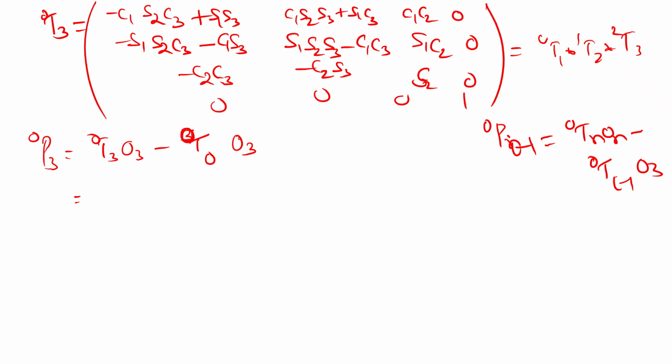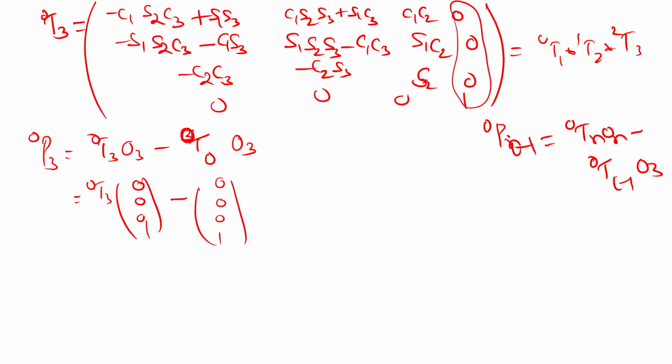And then if you multiply it by O3, which is 0, 0, 0, 1, you will get only the last translation part. So if you multiply that, minus, and this is the unity matrix, so here also you will get 0, 0, 1 only. So the answer is 0, 0, 0. This one is P3, which is zeros.